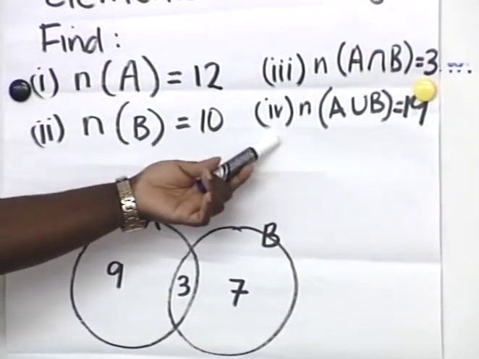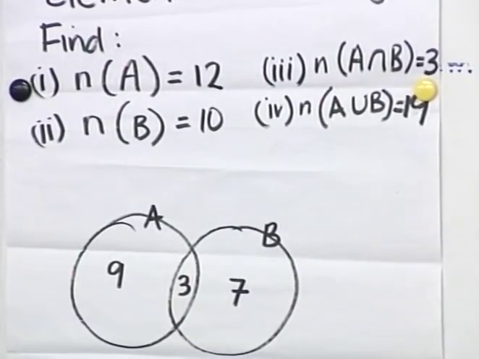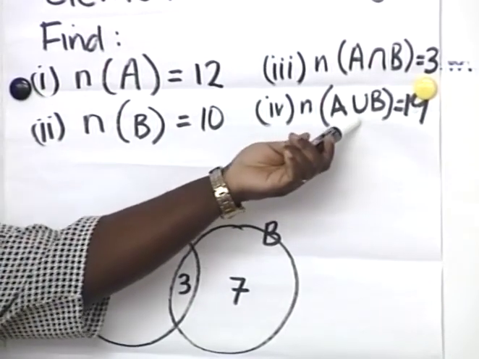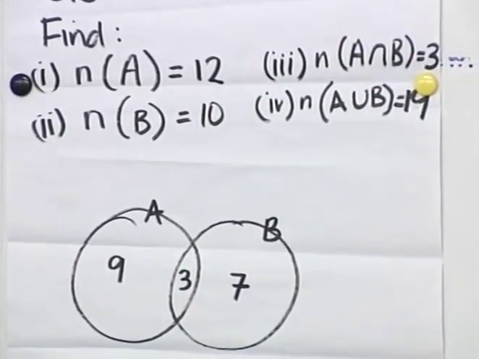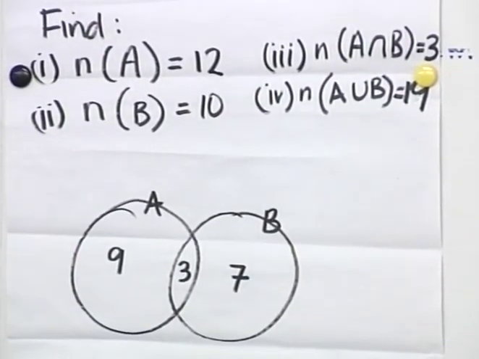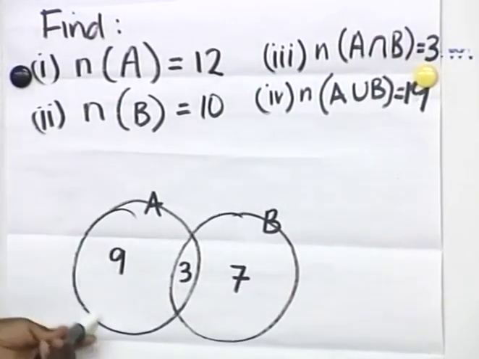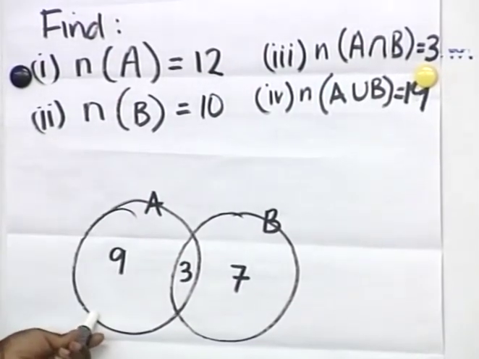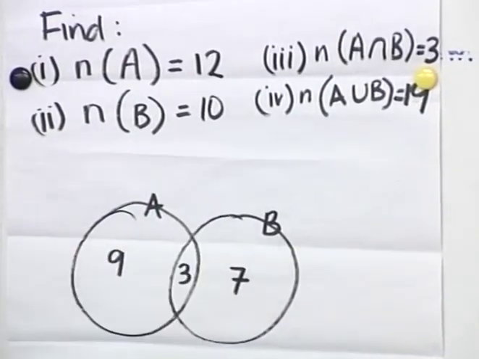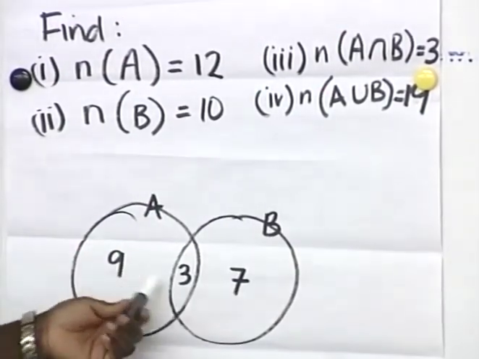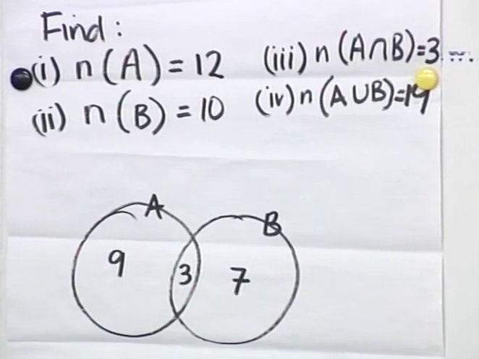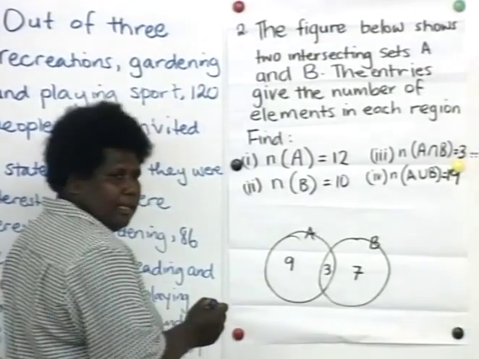And number 4, the number of elements A union B is 19. Okay, that's altogether the number of elements in the set A and the number of elements in the set B. We get 19. In other words, you can also write it like this.